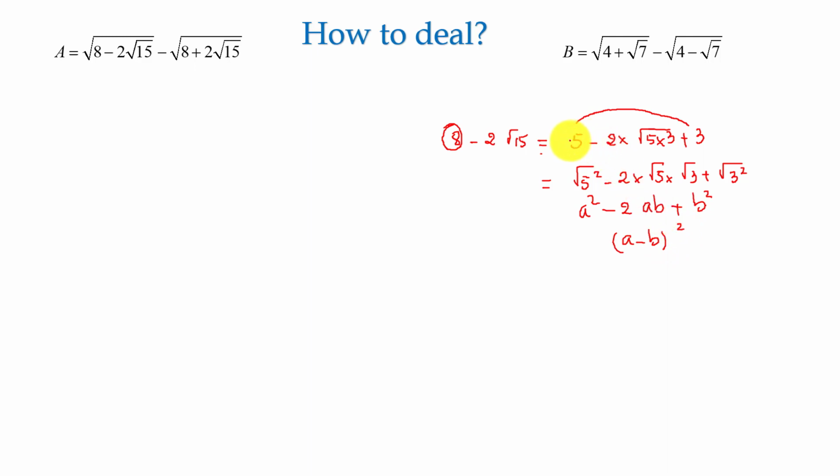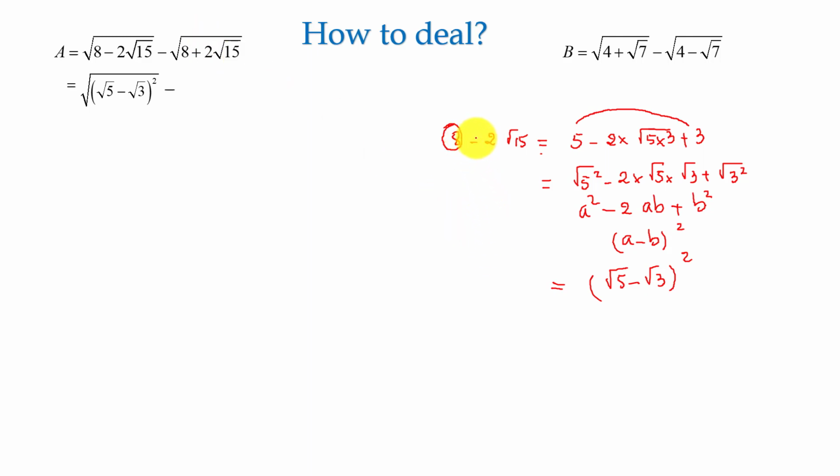So this we get square root of (square root 5 minus square root 3) all squared. So our expression I can write as square root of (square root 5 minus square root 3) all squared, minus the second one.